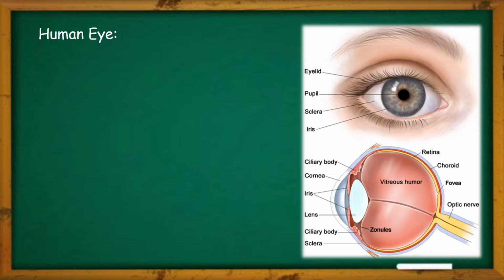But those pictures are real images and also inverted in nature. But whatever images we are seeing of the object, they are in erect position. How does that happen? Actually, that is happening due to the construction of our human eye.